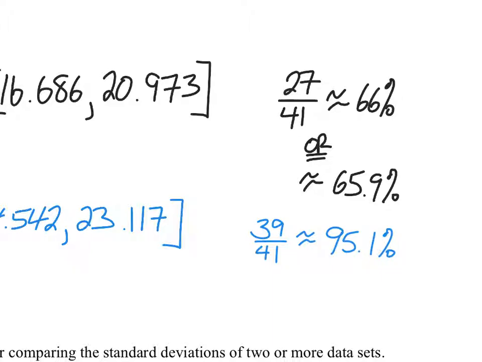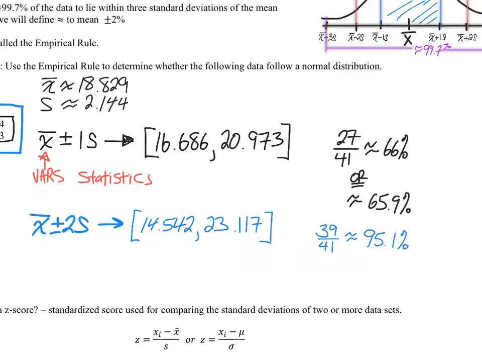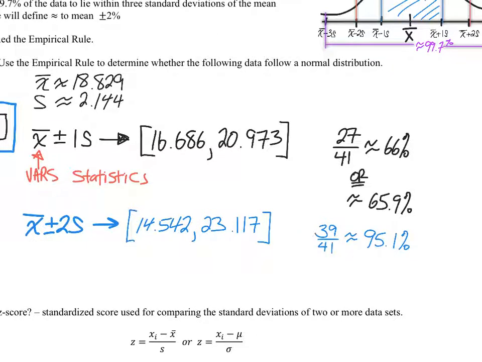All right, so now we just have one more. Anything in the neighborhood of 99.7 is going to get the job done. So x bar plus or minus 3s. We're going to write the interval down, even though at first glance we know it's going to capture all the data.